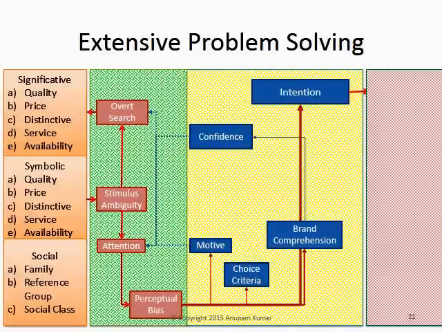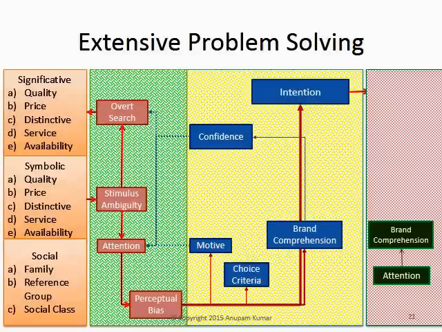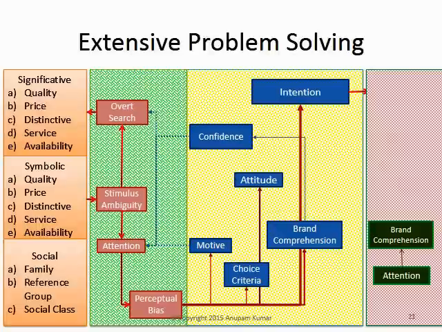The first and foremost output is the consumer's attention towards the brand, which gradually moves on in the form of brand comprehension. At the same time, mentally, the consumer starts forming an attitude towards the brand, which also starts showing in the output.